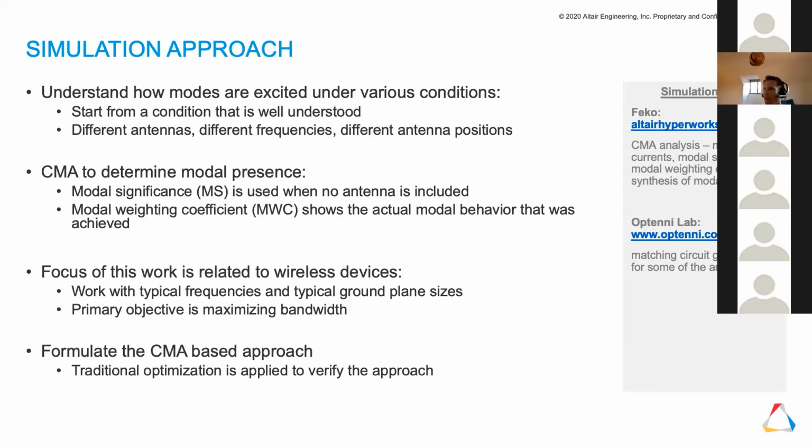CMA was used predominantly working with the modal weighting coefficients and the modal current distributions as well. I mentioned the focus being on wireless devices. We therefore worked in typical frequencies, between 1 and 2 gigahertz, and also relevant ground plane sizes of a modern smartphone today. The primary objective was to focus on antenna bandwidth.